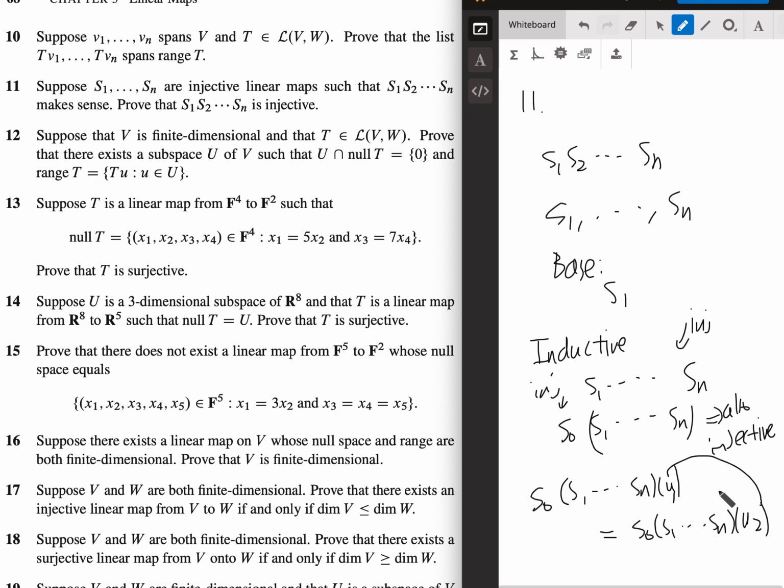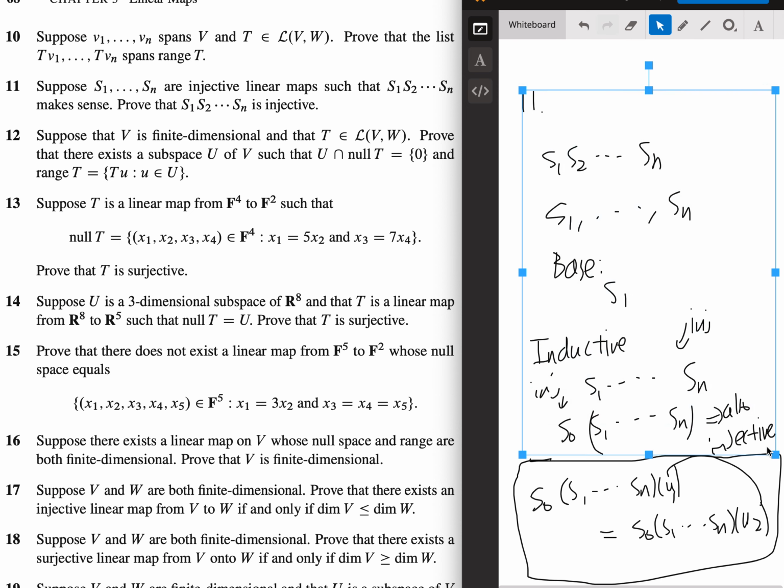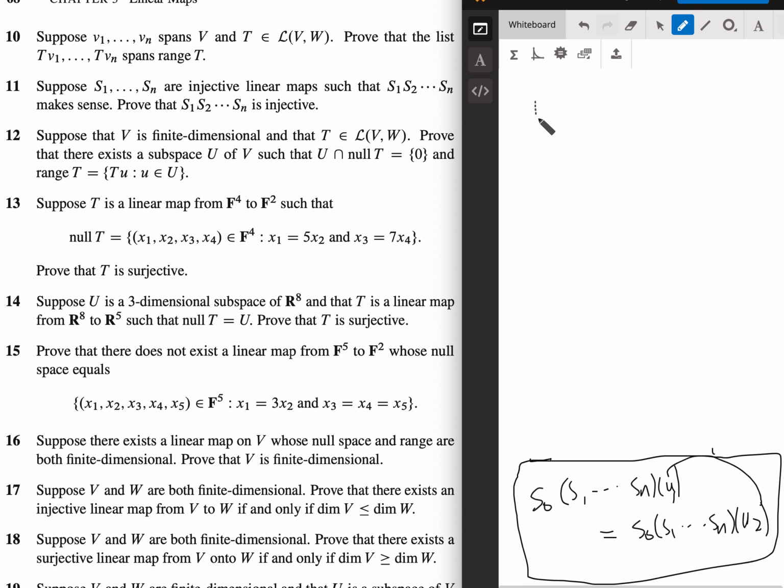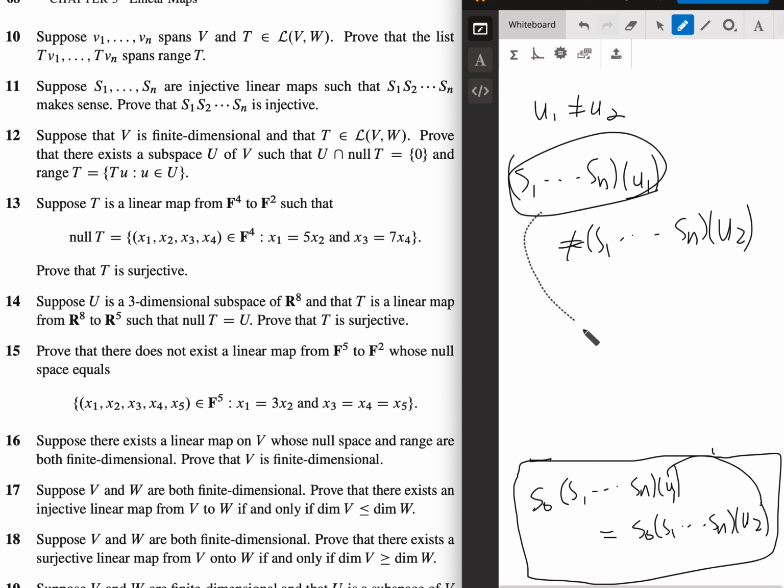So let's assume, for contradiction, that these two compositions acting on U1 and U2 are equal without U1 and U2 being equal. So we're going to assume U1 is not equal to U2, right? But then by the definition of injective, if those two are not equal, then neither are these two. These two are the inputs to S0 respectively.